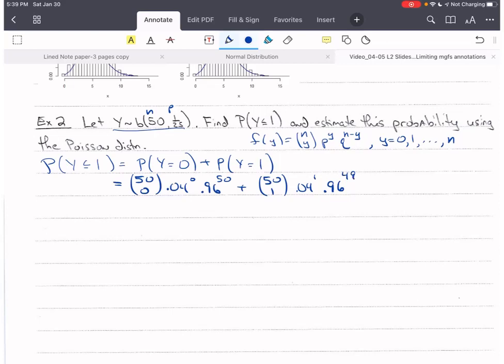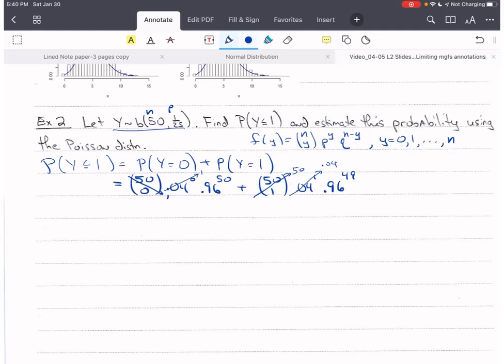And when I work this out, this is going to be 1, this is going to be 1, this is 50, and this is 0.04, of course.